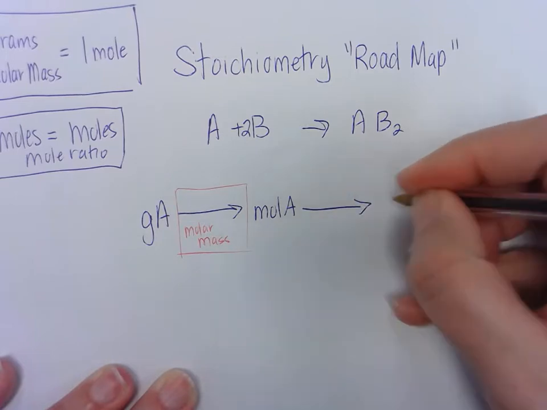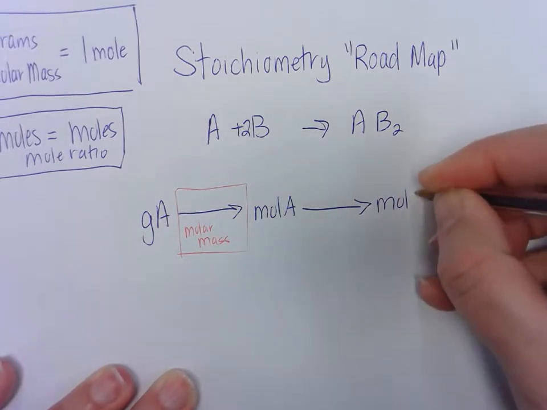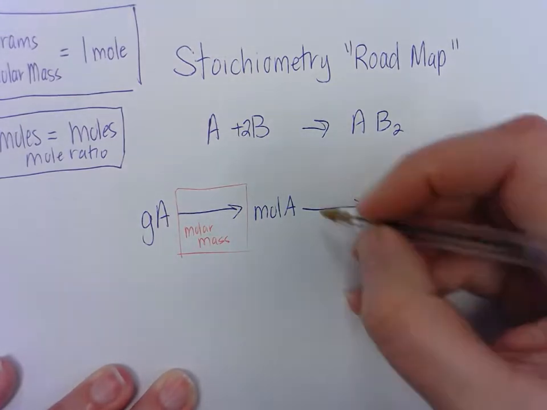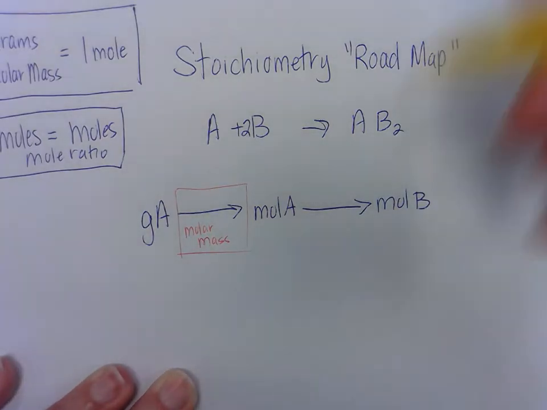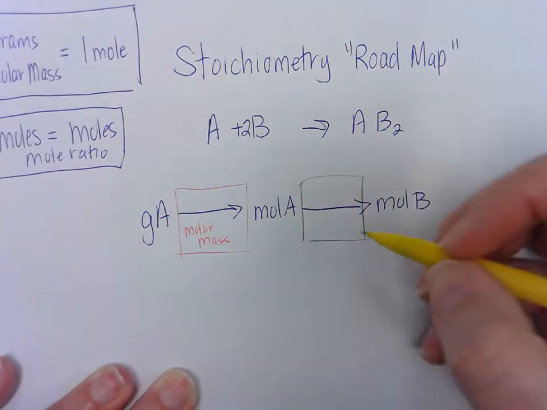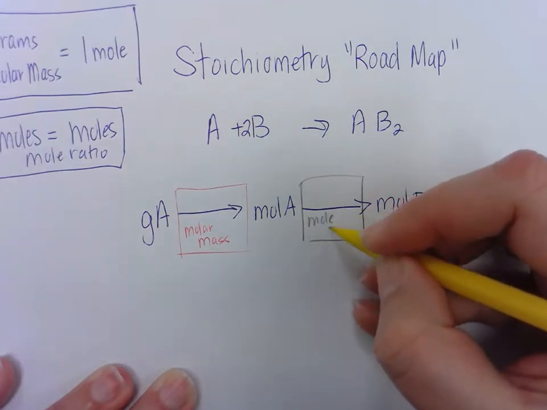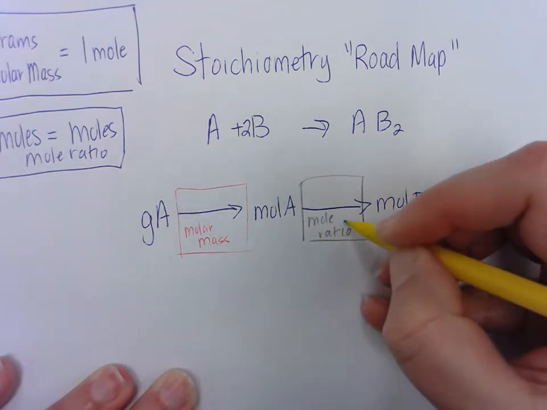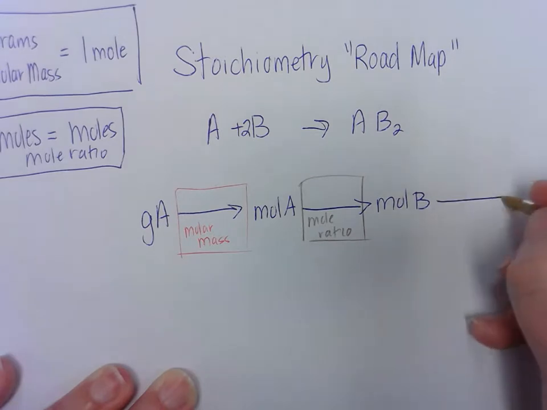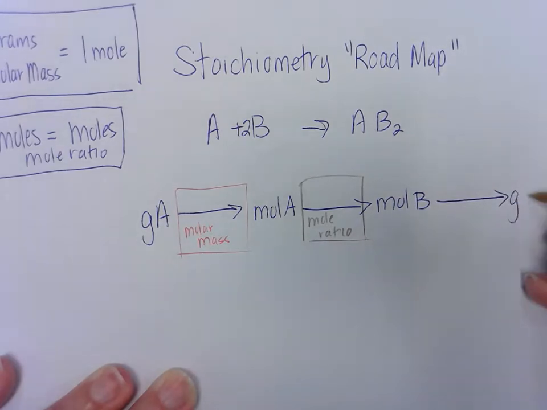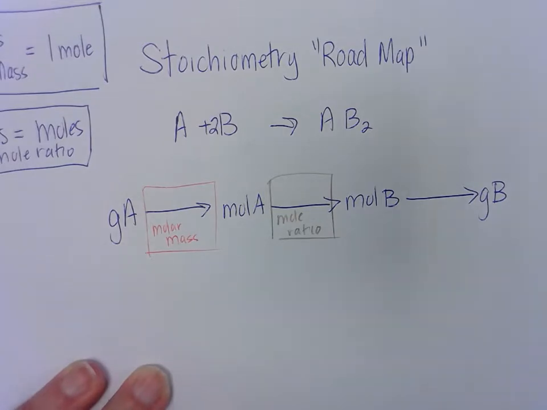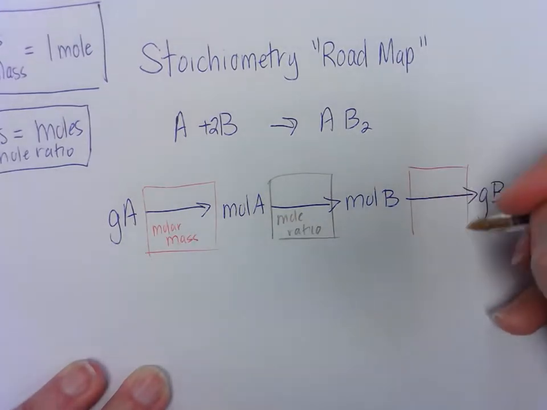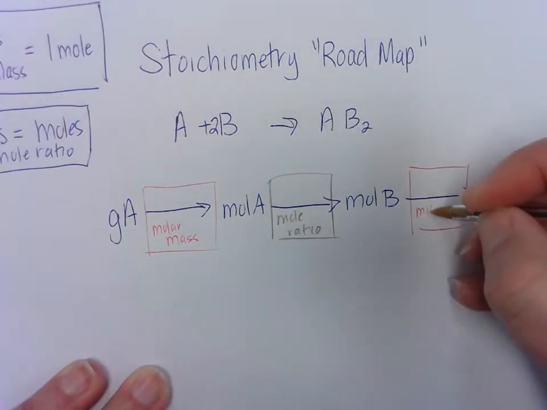When we go on to changing to moles of a different substance, we will use the mole ratio. And then our last step typically is going back to grams of the other substance, grams of B. And like the first fraction, we do that using molar mass.